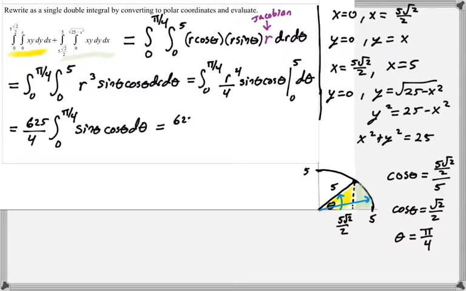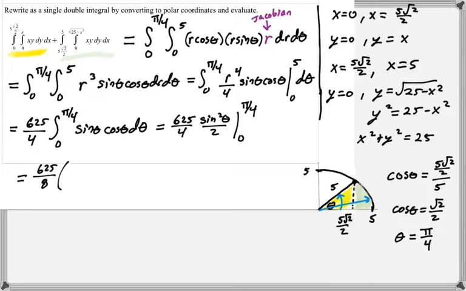So that's going to be 625 over 4 times sine squared of theta over 2, and then we're going to evaluate that from 0 to pi over 4. This is going to be 625 over 4. Oh, okay, so I multiplied the 4 and the 2, so over 8.